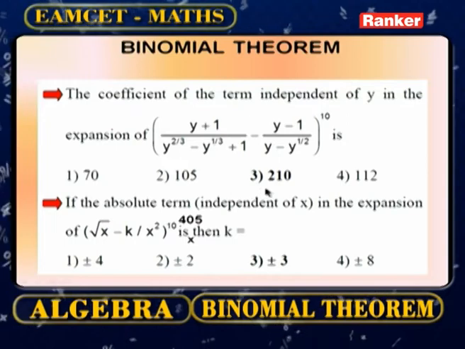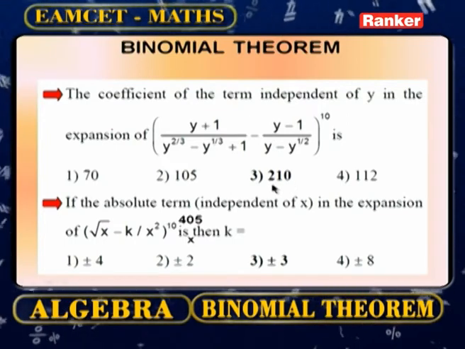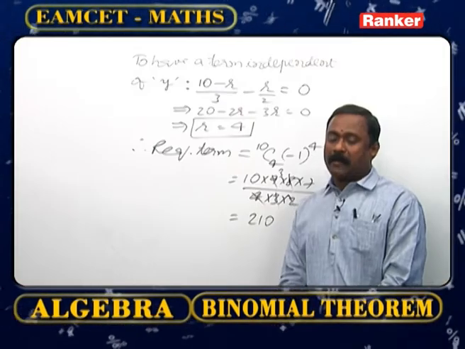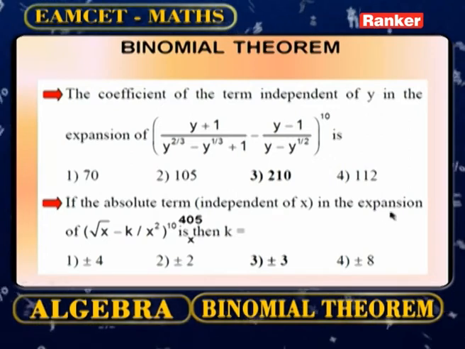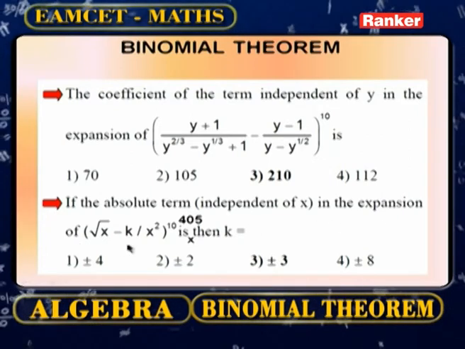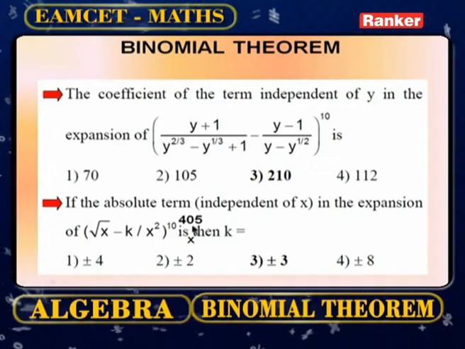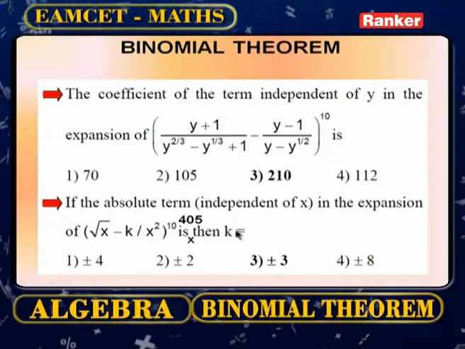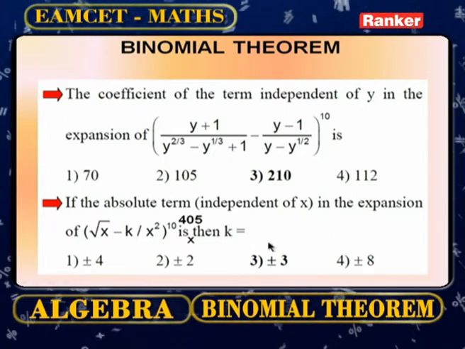It is 210. The similar model, the next one: the absolute term independent of x in the expansion of root x minus k by x square whole power 10 is 405, then k is equal to what? The problem is twisted a little.